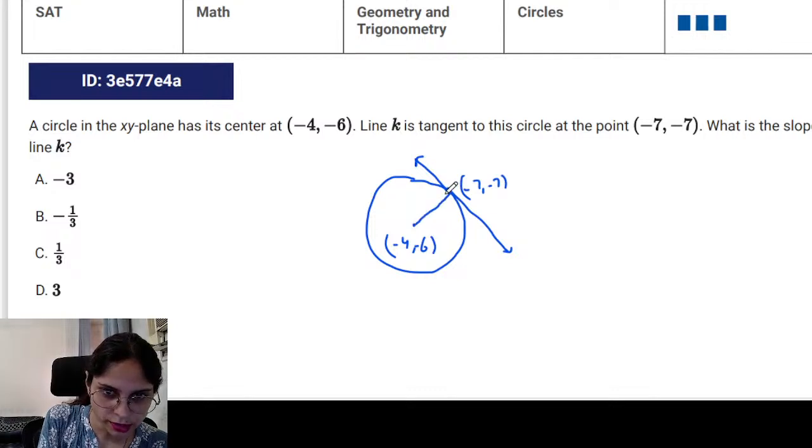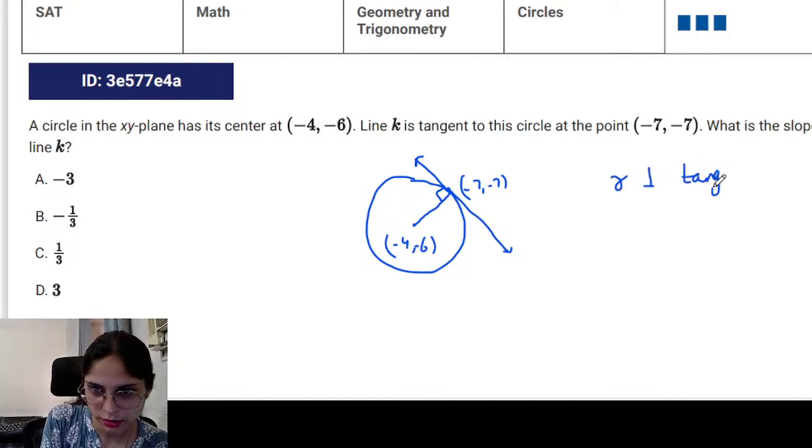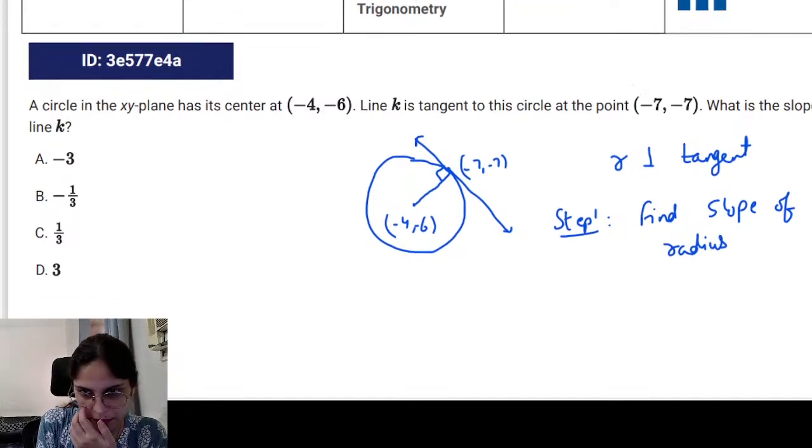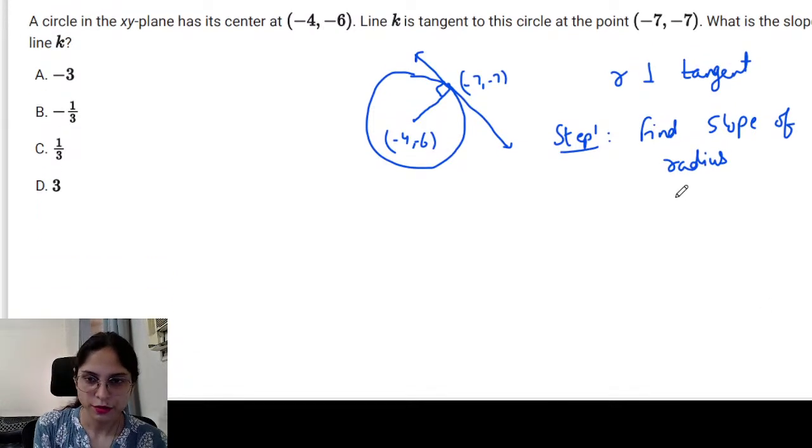If I join these two points, this is going to be my radius, and the radius is perpendicular to the tangent. In step 1, find the slope of the radius. How do we find that? We have the two points, so we do y2 minus y1 over x2 minus x1.